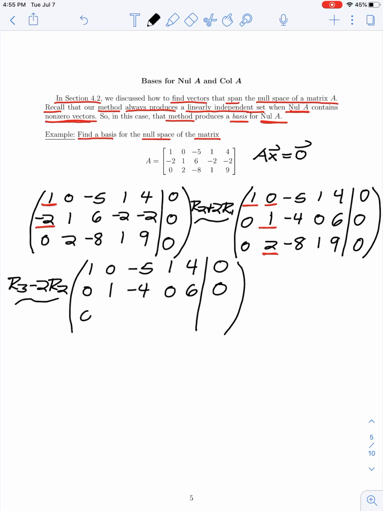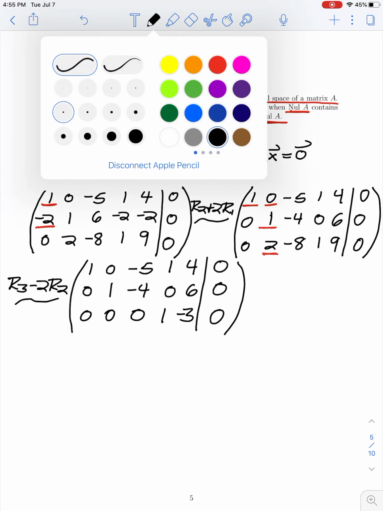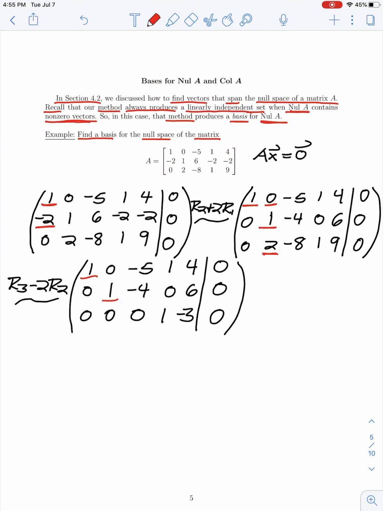And performing this operation, my third row becomes 0, -2 plus 2 is 0. We have 8 minus 8 is 0. 0 plus 1 is 1, and then negative 12 plus 9 leaves us negative 3 and 0. So now I have a 1 as the leading entry for my first and second row, with zeros everywhere else in those columns.